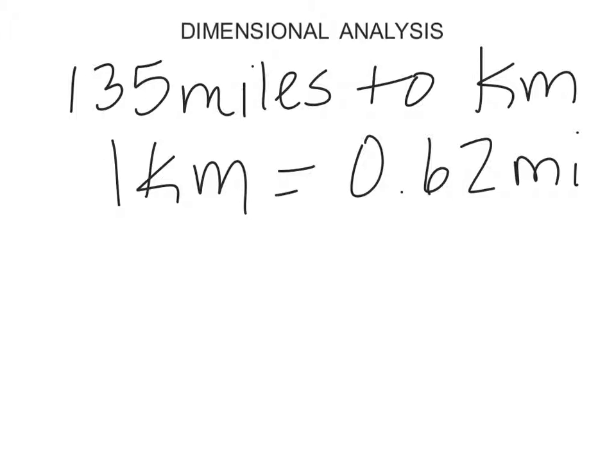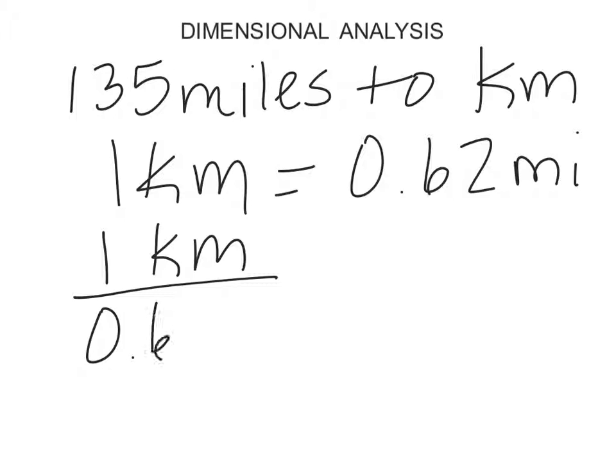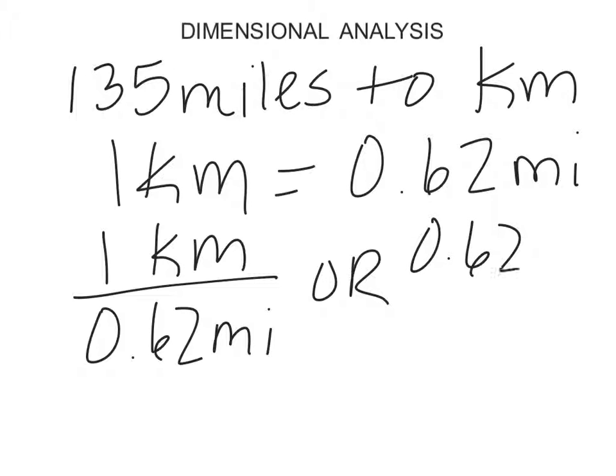We turn that into a conversion factor, and there are two. Remember, there are two conversion factors for each equivalent value. So one conversion factor would be 1 kilometer over 0.62 miles, or the other conversion factor will be 0.62 miles over 1 kilometer.